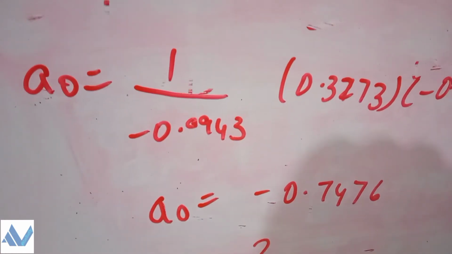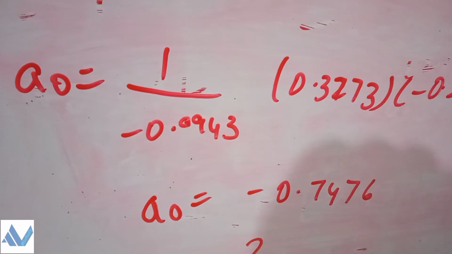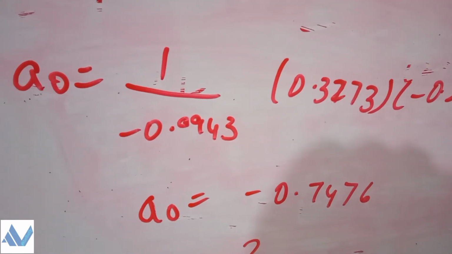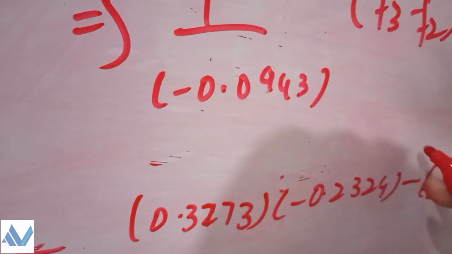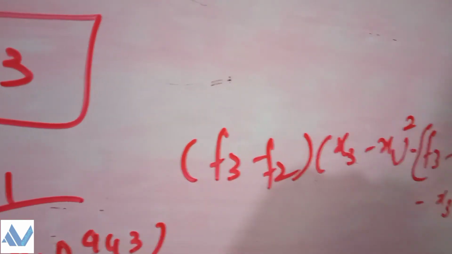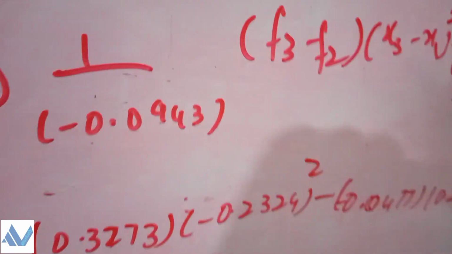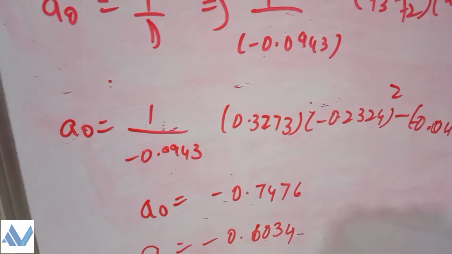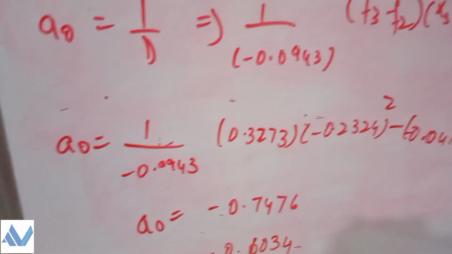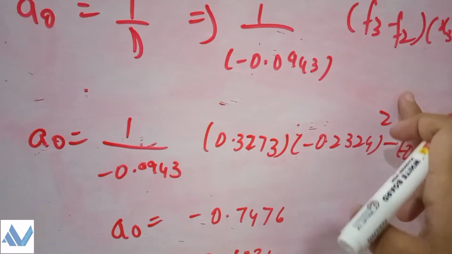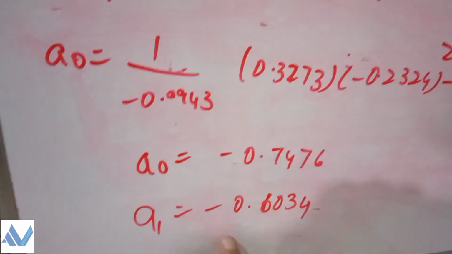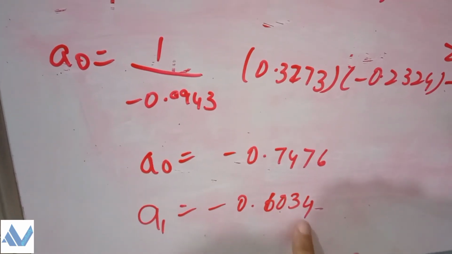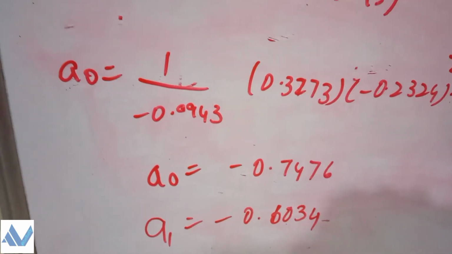The a1 value will have not much difference, except that this becomes a whole square, x3 minus x1 the whole square. So there is not much of a difference, and substituting the same values, with only the whole square being the difference in a1, you get minus 0.6034. So this is the second iteration.